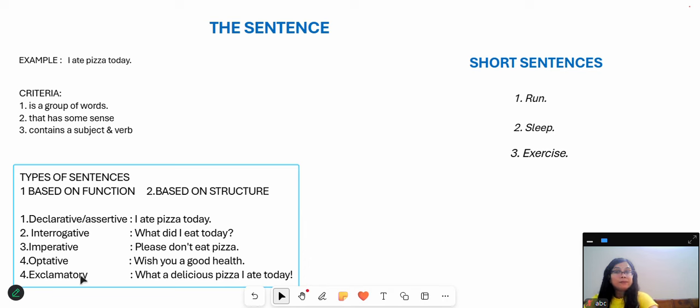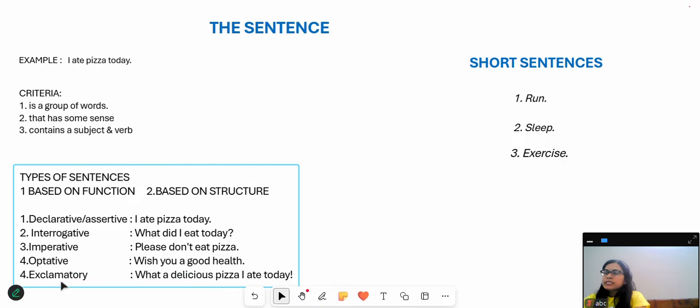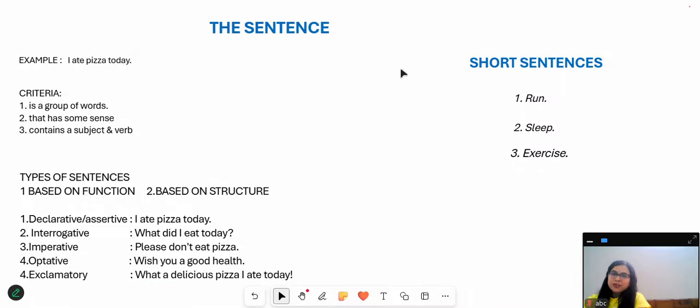What a! It means that the pizza was very delicious that I ate today. Right? So, having understood the 5 types of sentences and the punctuation marks with which these sentences end, we will understand the questions that I posed before you in the beginning of this session.